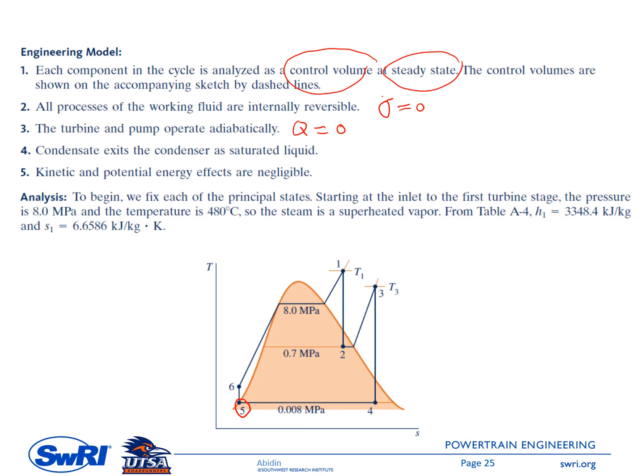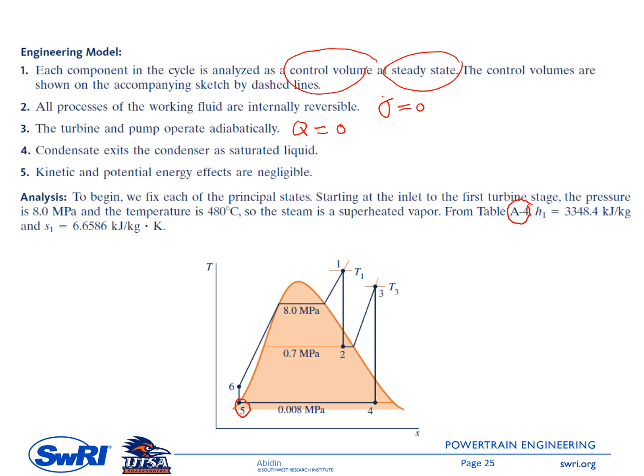We can start with point number 1. At point number 1, pressure is given, temperature is given, and this is saturated vapor. This is water, so you need to use table A4. I'm assuming in Thermo 2 you are proficient at reading the table and finding the properties, so we need to look at this pretty quickly.